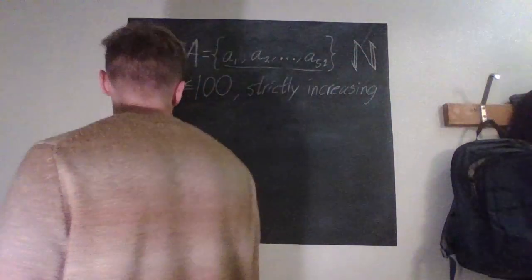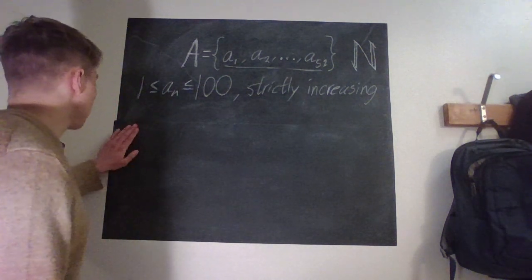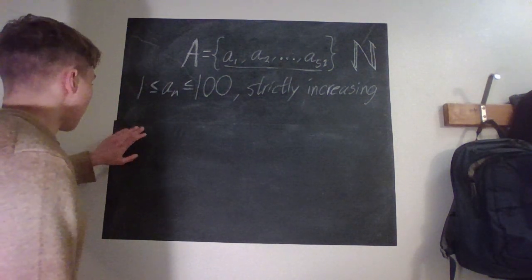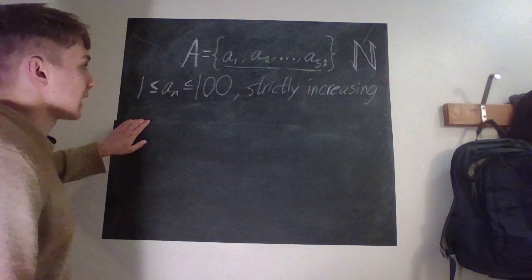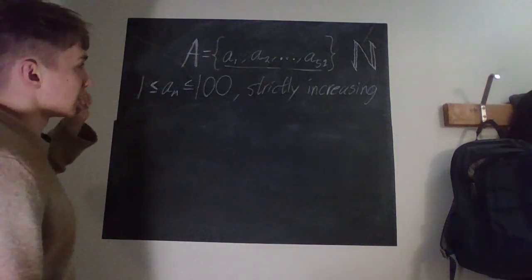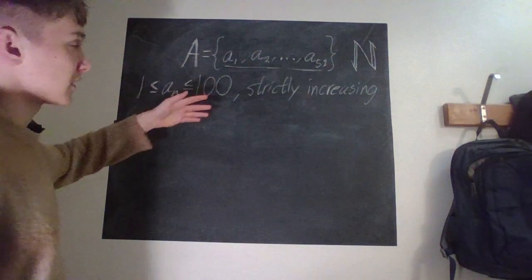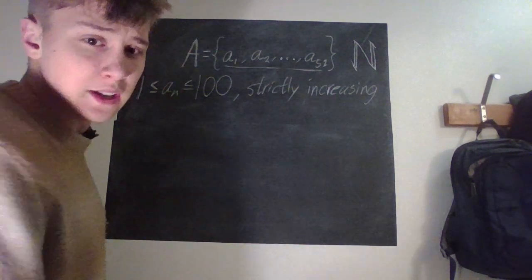So, to do this, I will kind of assume that there exists an element which is the sum of the first element plus something else.